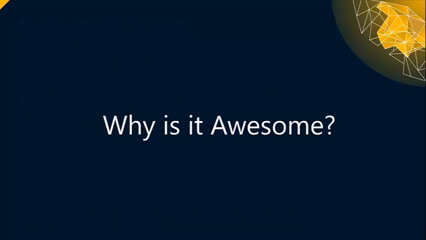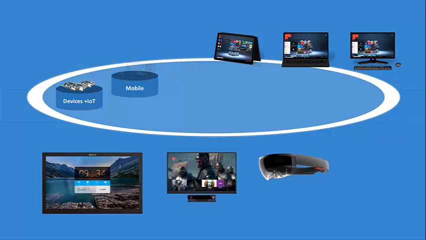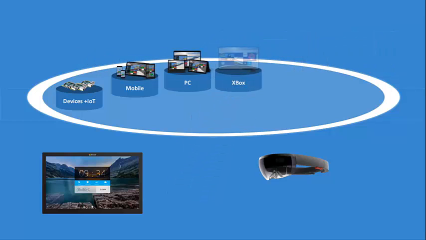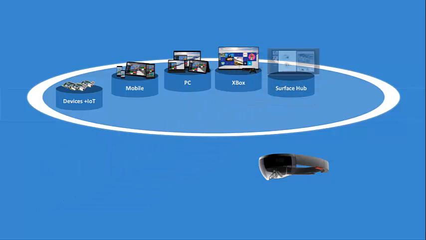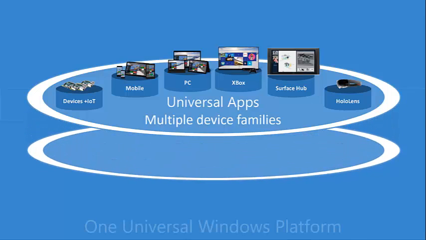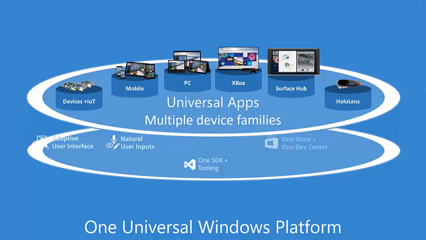First of all, using UWP for Windows 10, I can build applications for devices, IoT, mobile devices, PCs, Xbox, Surface Hub, and HoloLens. It's all one universal platform, using the devices and the tools I'm familiar with, and I can build for all the different devices through the same integrated development environment in Visual Studio, and have those apps put together for use on these different platforms.